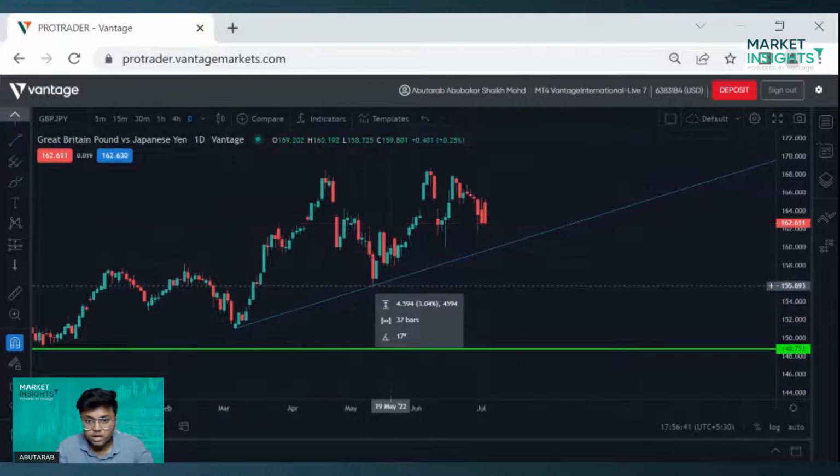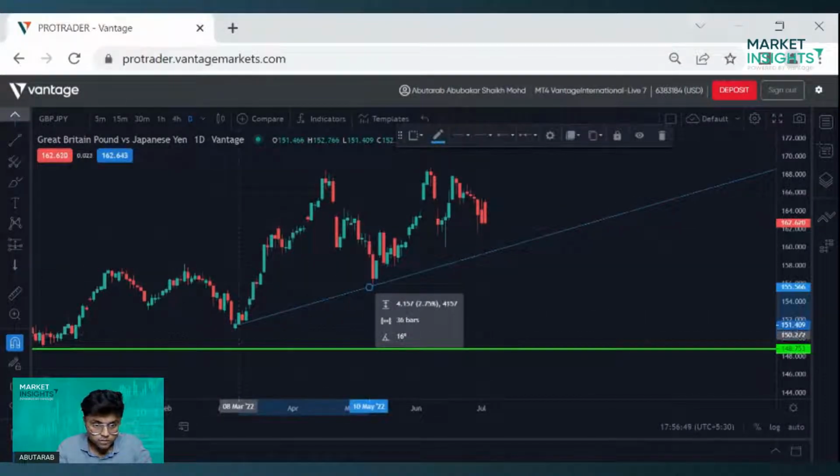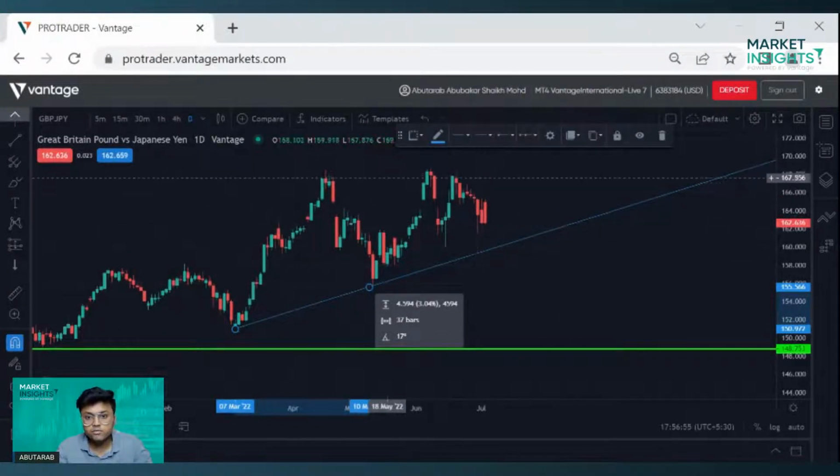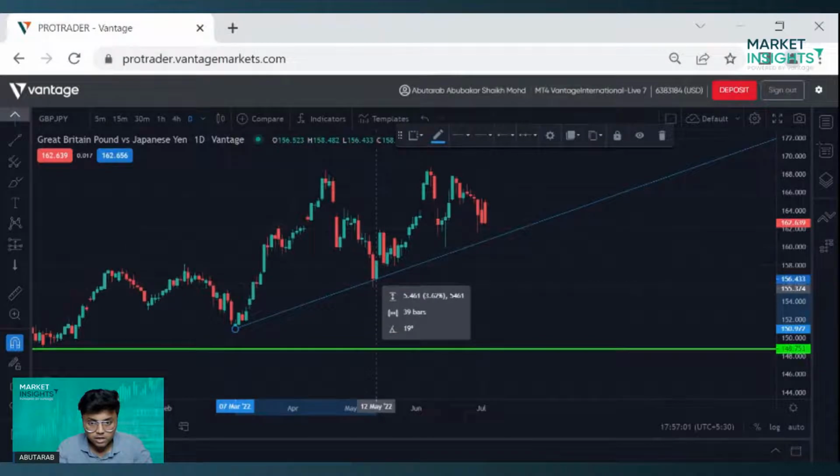Always remember that if it is an uptrend that you have spotted, you will always join the lows, and you will join the highs in case of a downtrend. So I have joined the lows.